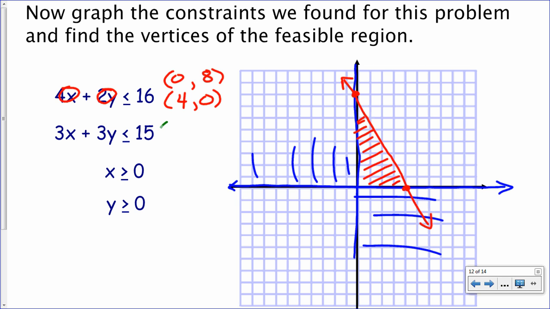Okay, let's do the other one. 0 in for x gives me a 5. And if I put 0 in for y, I get 5 as well. So 1, 2, 3, 4, 5, and 1, 2, 3, 4, 5. Draw this straight.